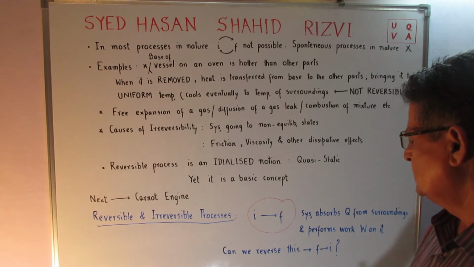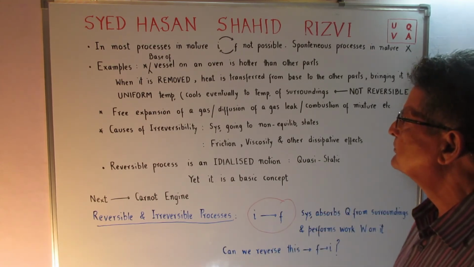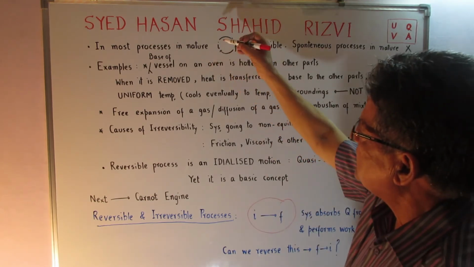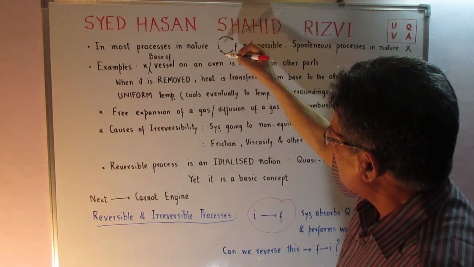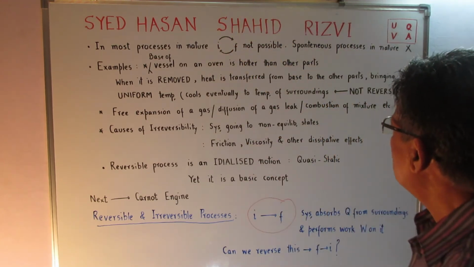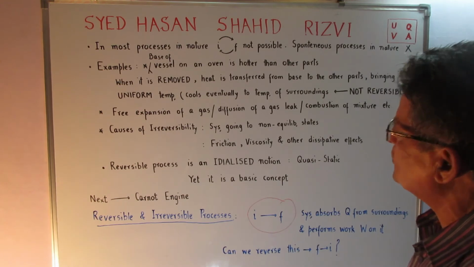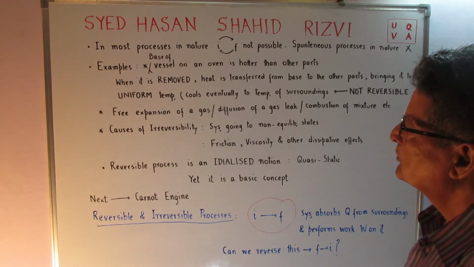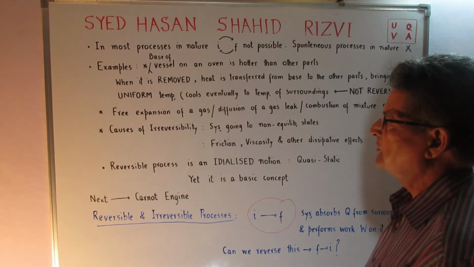Now the question was, can we reverse this, F to I? In most processes in nature, this kind of cycle is not possible. Spontaneous processes in nature do not subscribe to it.